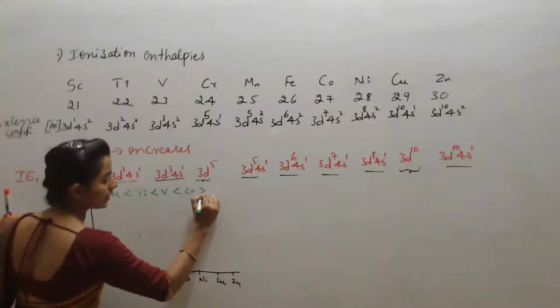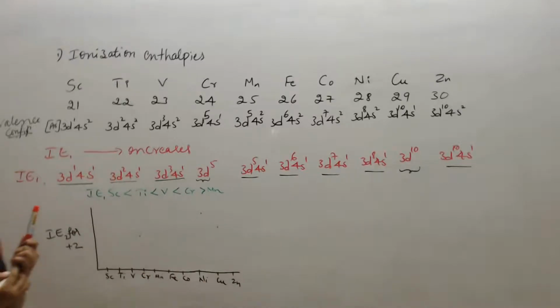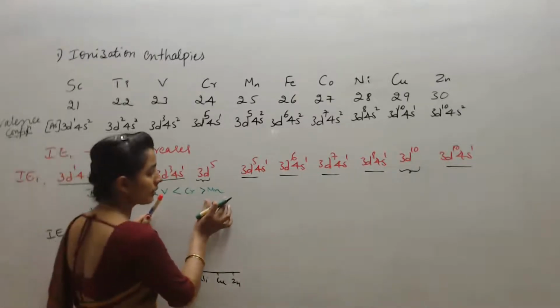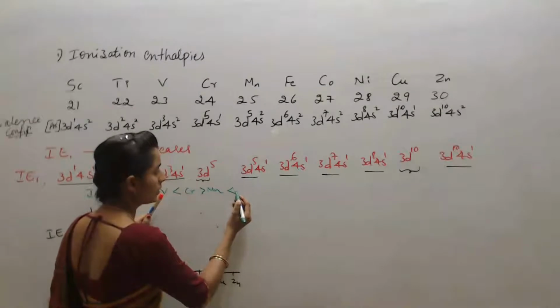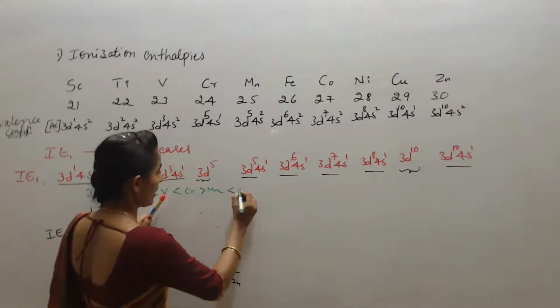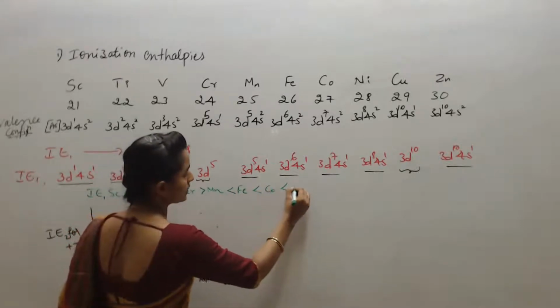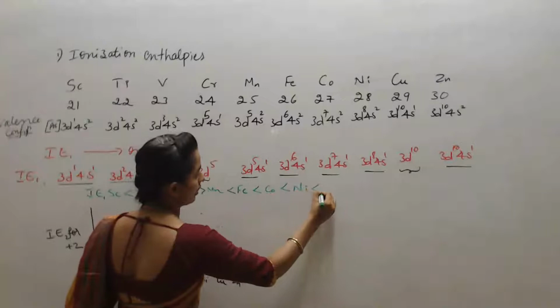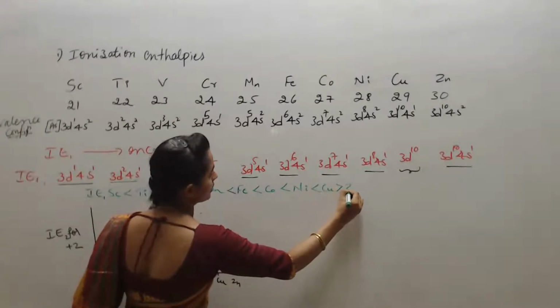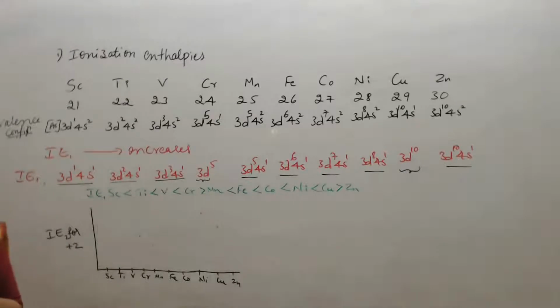But the ionization energy of chromium is greater than manganese. Again, this will follow the same trend: manganese, iron, cobalt, nickel, copper, but zinc. This is the trend sequence.